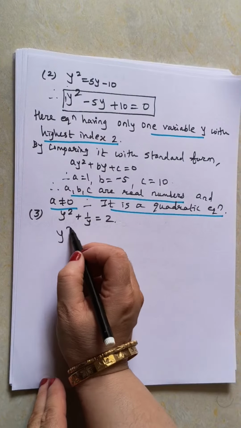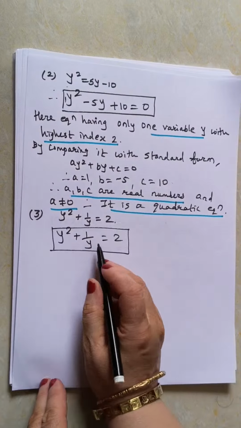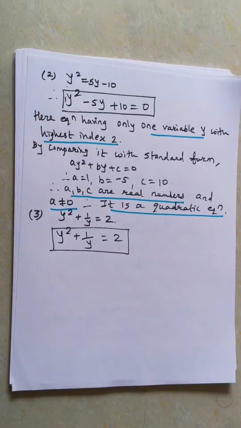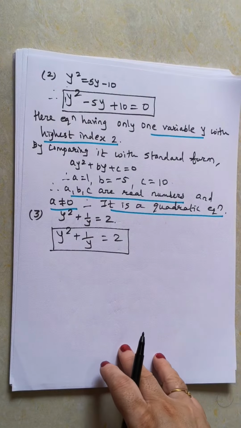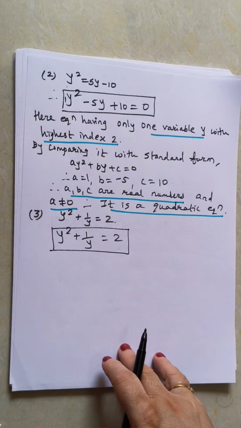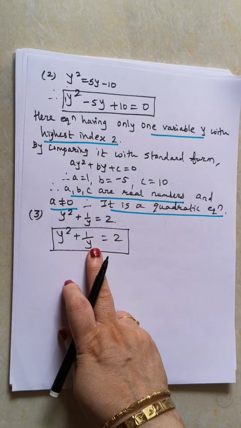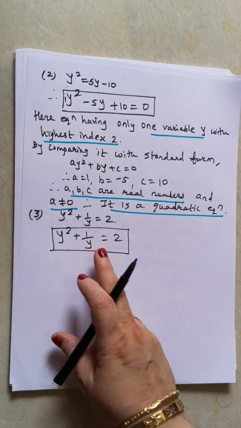That is y square plus 1 upon y is equals to 2. See here, one denominator is there, and every time I have told you, whenever there is a denominator, we don't like the denominator. And how to remove the denominator? By multiplying that equation by the denominator, and here it is y. So let us multiply this equation by y.